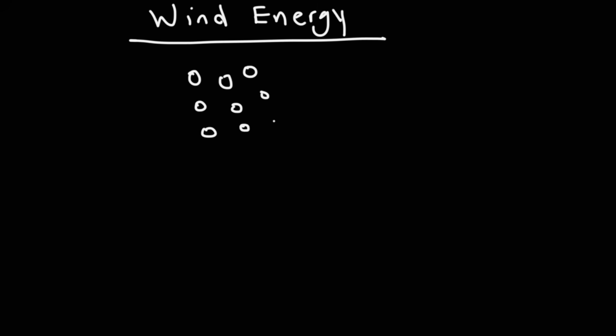So wind is basically the force that pushes air molecules from one place to another. But anytime you have a force, you can derive energy from that. Because forces, whenever they act on an object, can transfer energy to that object. So energy can be derived from wind, but we can't really say wind is an energy when it's really a force.